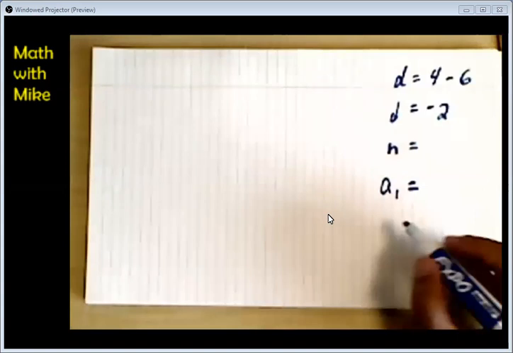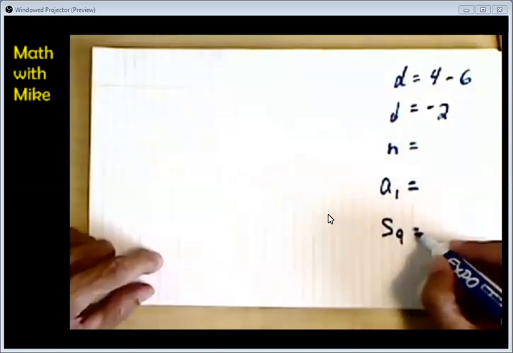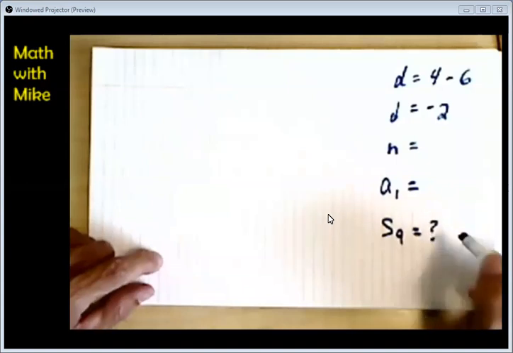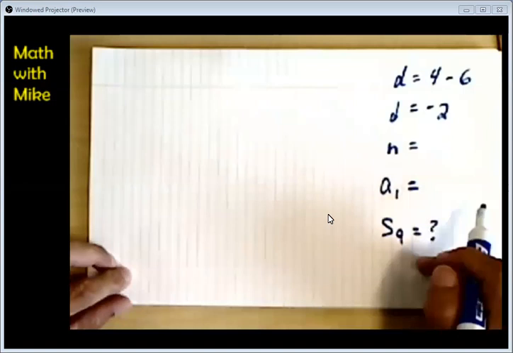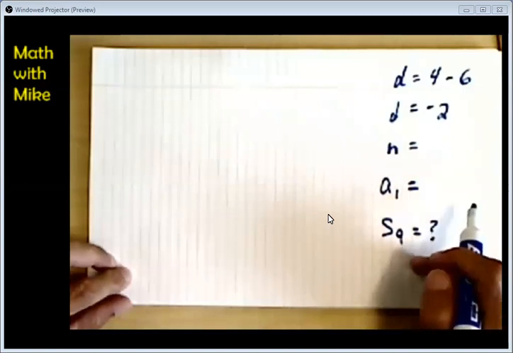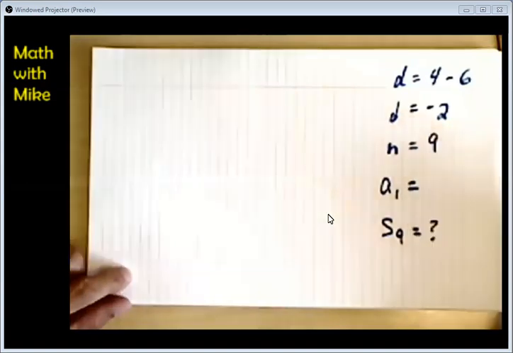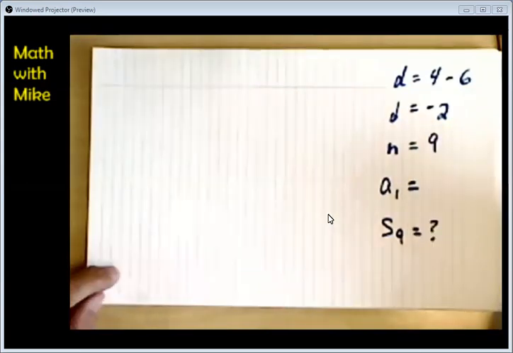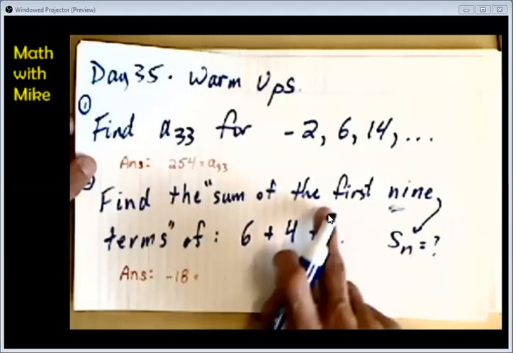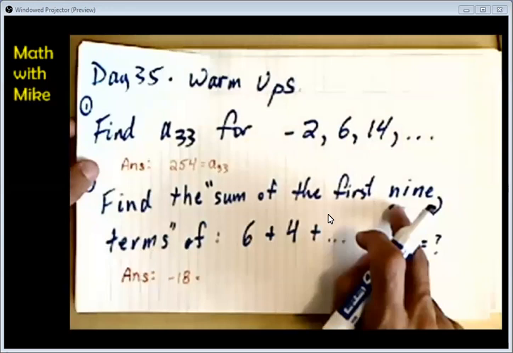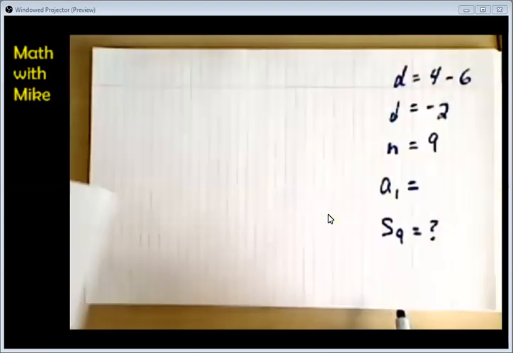So we're looking for the sum of the first 9 terms, because n is going to equal 9. So it's hidden in words this time with the way the question was written. First 9 terms, but that's what n is going to equal. Finding the sum, Sn.